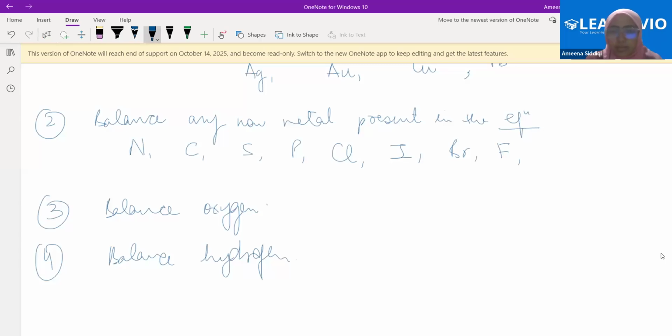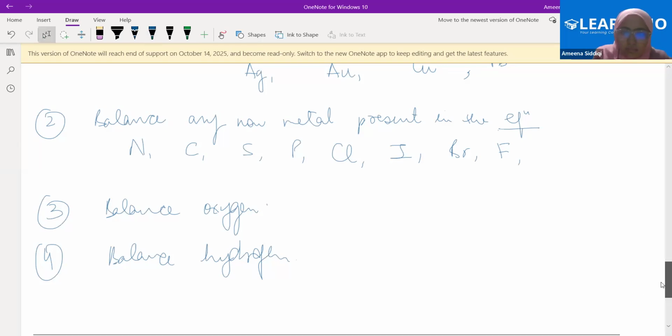Then balance oxygen. Write the third and the fourth step.